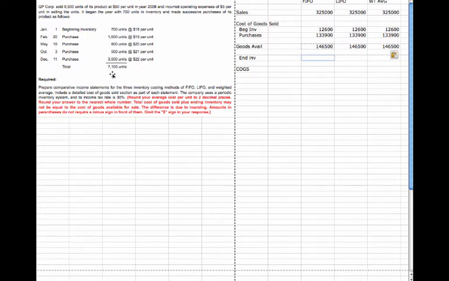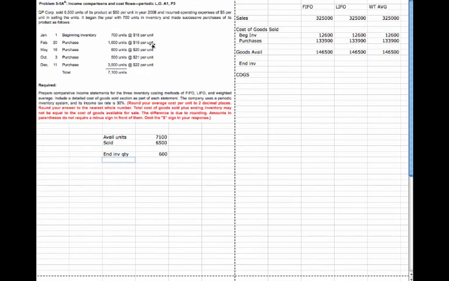So altogether, if there were 7,100 units available, and we sold 6,500, we can subtract the two, and it shows that our ending quantity is 600.